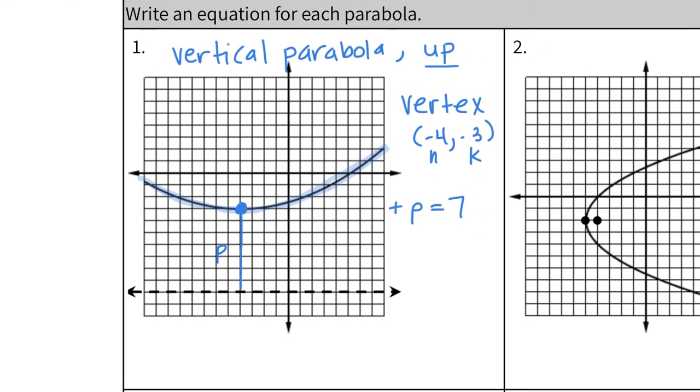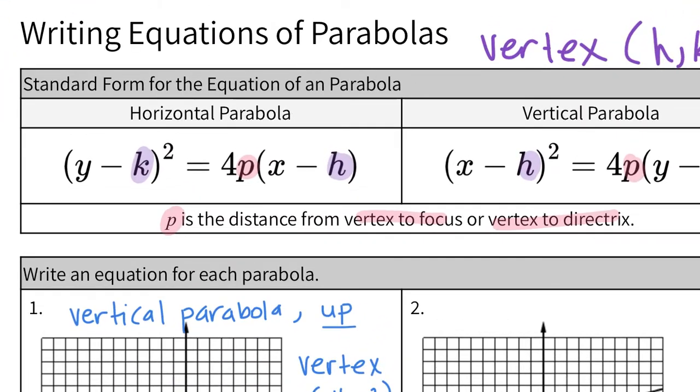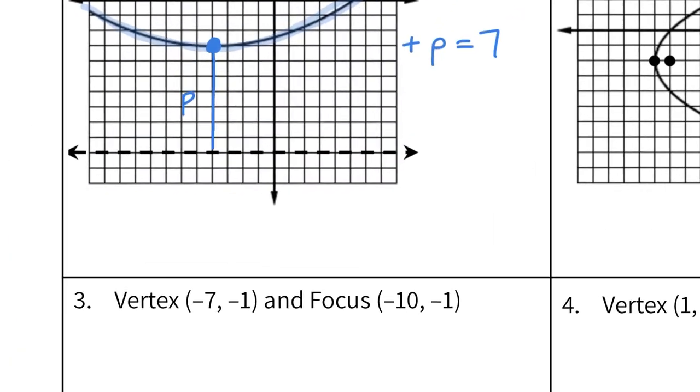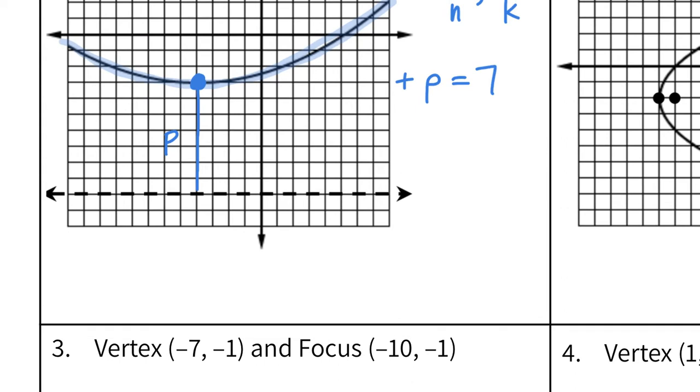Okay, so for vertical parabolas, we need to start with x first. So we're going to follow this format: x minus h squared equals 4p y minus k. In fact, let's do that now. We're going to need 4p. So 7 times 4 is 28.